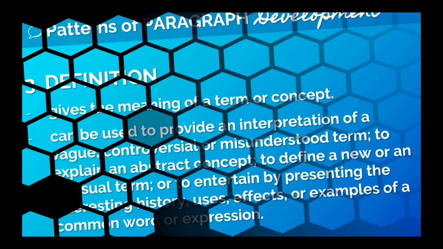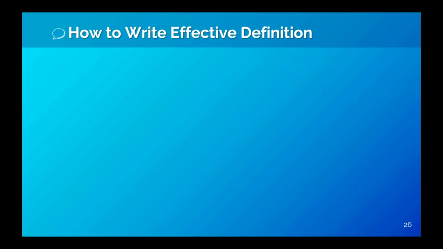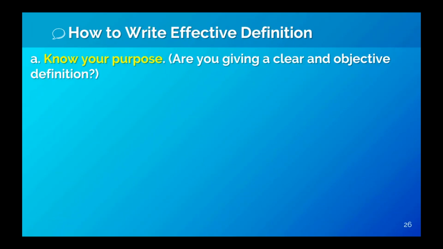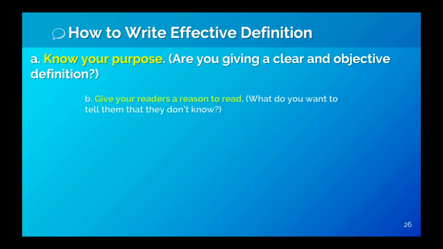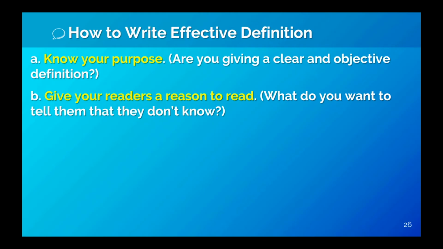And others. So here are the things you need to remember to write effective definition. Know your purpose again. Are you giving a clear and objective definition? Of course, as much as possible, because this is definition, meaning give your readers a reason to read. What do you want to tell them that they don't know? Since we are defining, we are considering that the audience or your readers do not know these things.